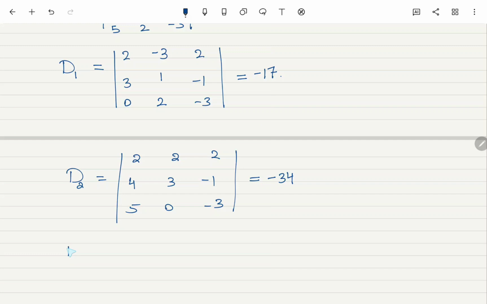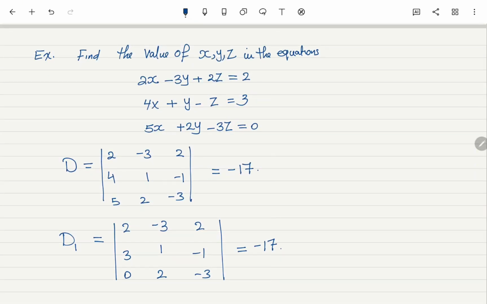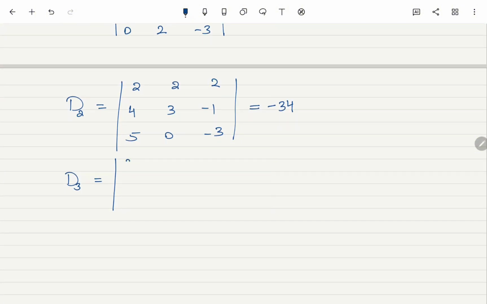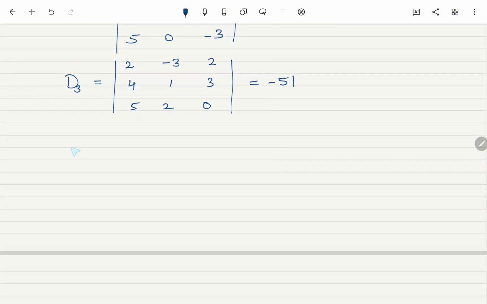And last, for D3, we should replace the third column with 2, 3, and 0. So D3 becomes 2, minus 3, 2, 4, 1, 3, 5, 2, 0, and the value for D3 equals minus 51.